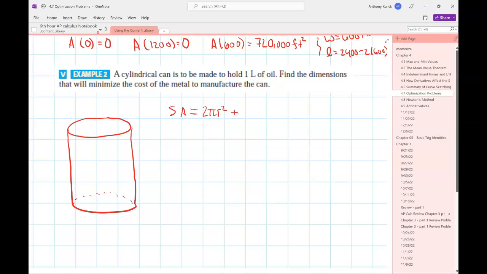A rectangle. Great. What's the base of the rectangle? The circumference of your circle. Excellent. So that would be 2 pi r. And then the height of your rectangle is your height for your cylinder. So that's our surface area.